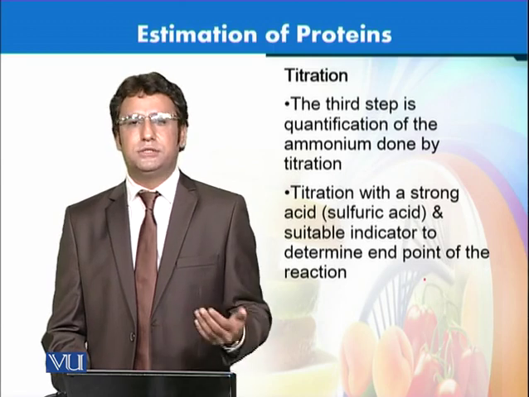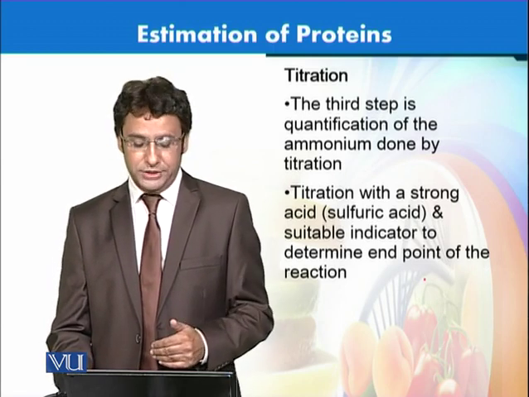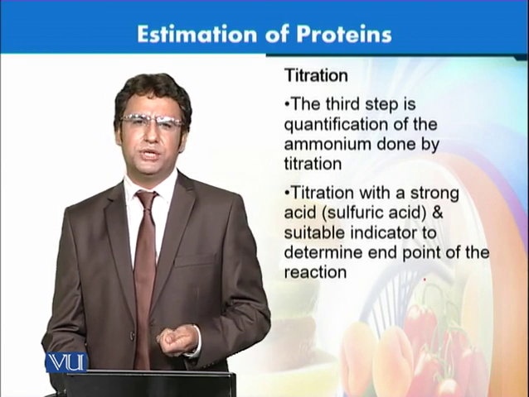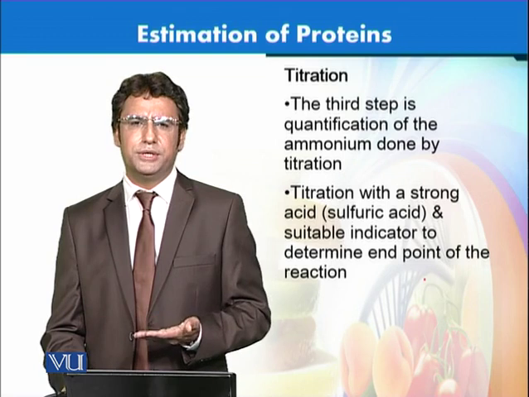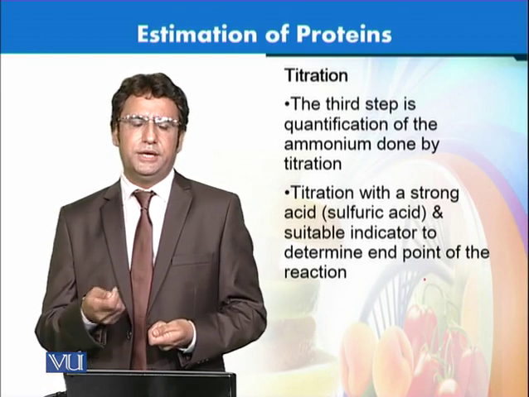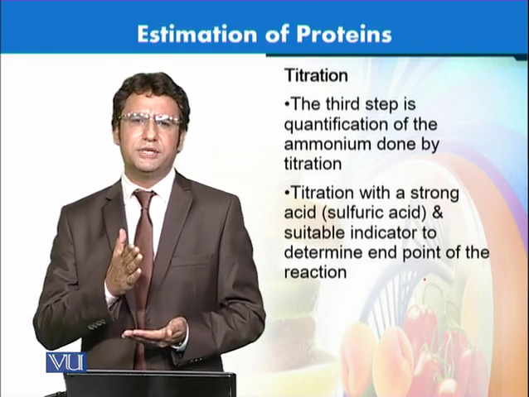This boric acid solution is then titrated against another acid just to know how much ammonia was there. Basically, when all the ammonia goes into the flask, it makes it basic in nature. We titrate against an acid.